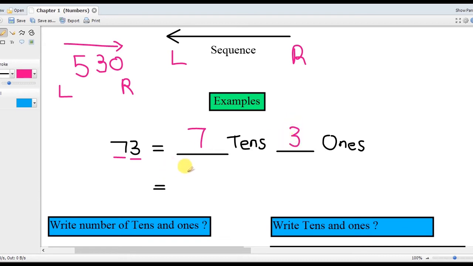What does 7 tens mean? 7 tens means 70. And plus there are 3 ones, so just write 3. If you add both of these, you get 70 plus 3, which is equal to 73.